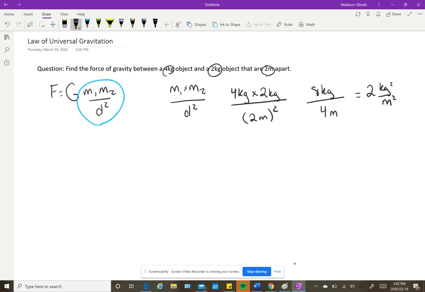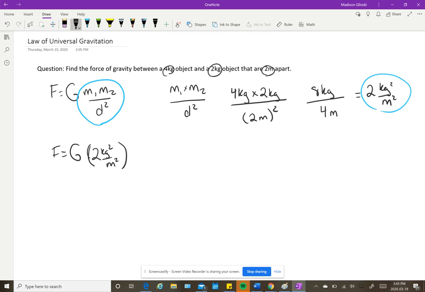All right. This is that small section. So this doesn't look too bad. You now have force equals gravitational constant times 2. Right, that doesn't look too bad.